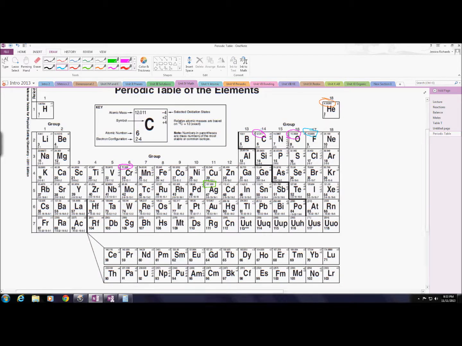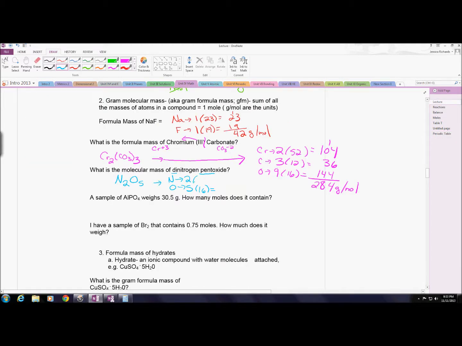And then nitrogen right here, 14. Two nitrogens at 14 each is 28. And 5 oxygens at 16 each is 80. And then we add the 2 together, and we have 108 grams per mole.